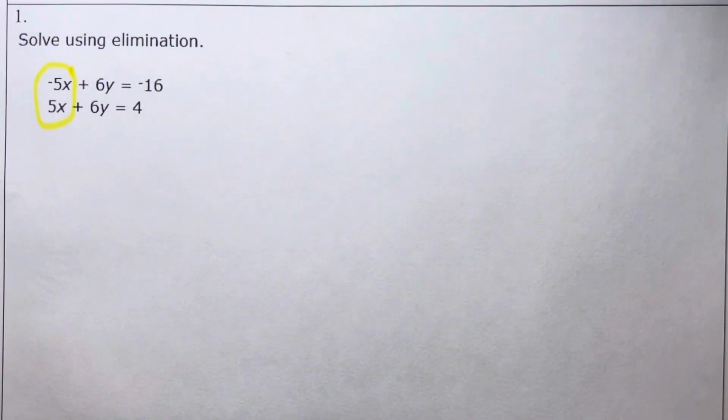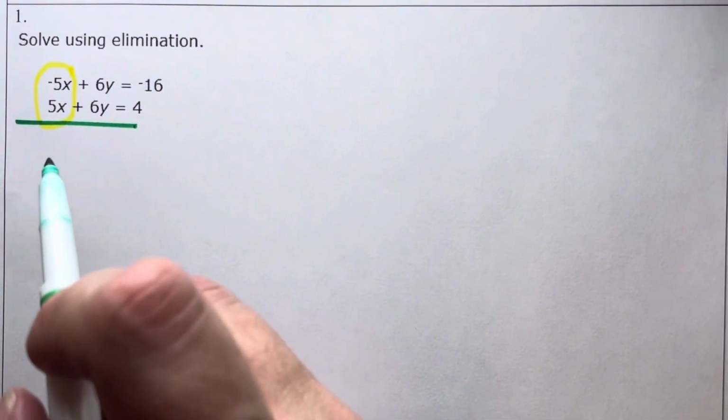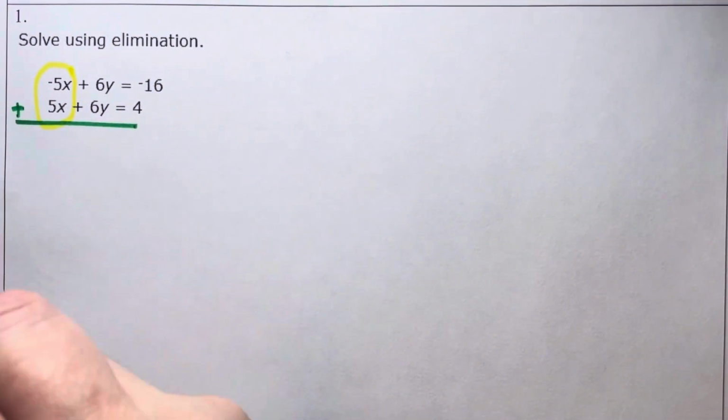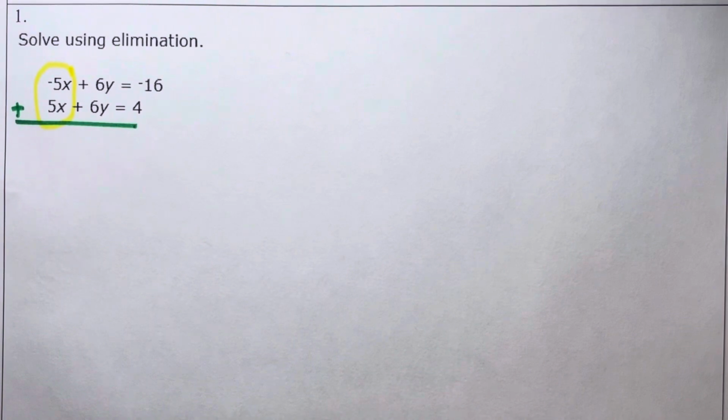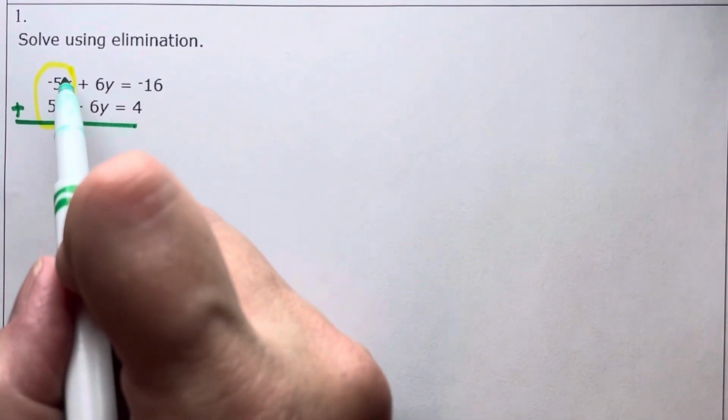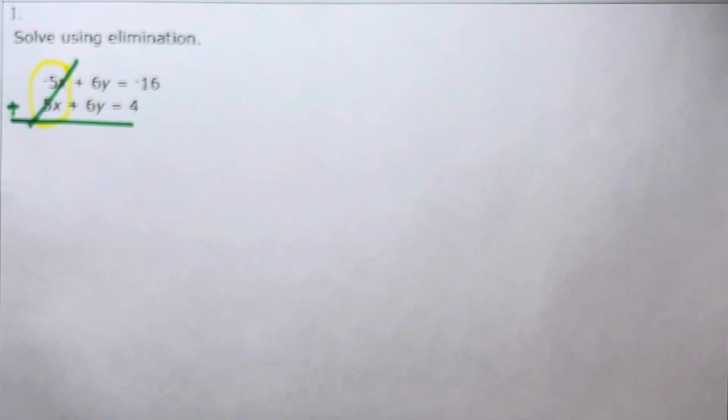Okay, so that was our step 2. Now that we have found this, our step 3 is to add straight down. And what that does is it causes the x's to cancel out.